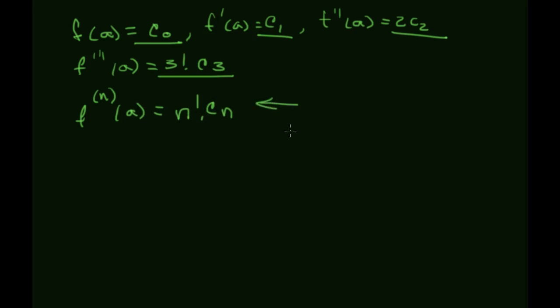Now this is the important fact, because I can rewrite that to say that c sub n is the nth derivative of f at a over n factorial.